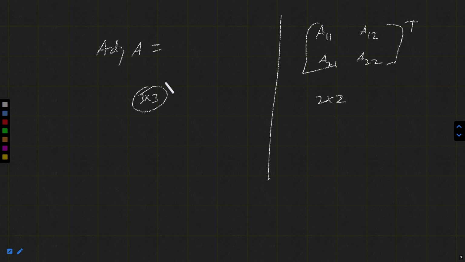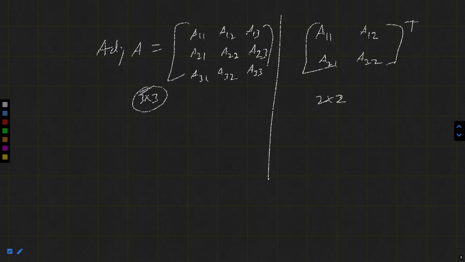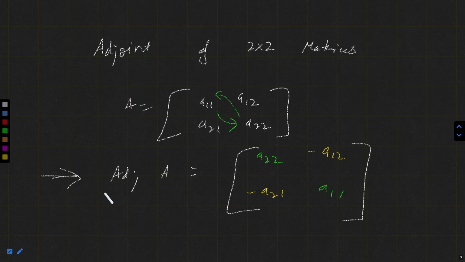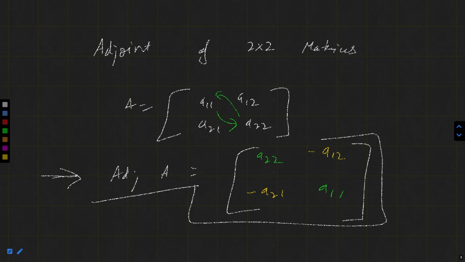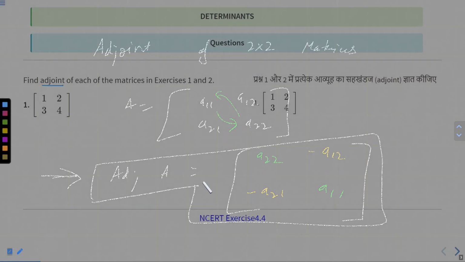Then you will get your adjoint of A. In case of 3 cross 3, you find the cofactors like this and put them in a matrix form, then transpose it, and you will get your adjoint. In the 2 cross 2 case you have a simple way to write it directly, so we will be using this.